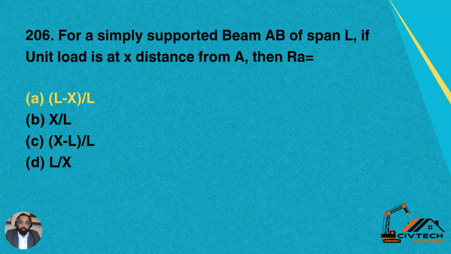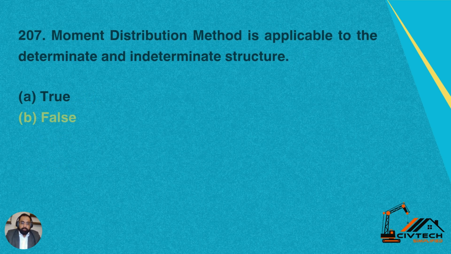For a simply supported beam AB of span L, if unit load is at a distance x from A, then RA is equal to option A, L minus x divided by L. So A is the correct answer for this question.